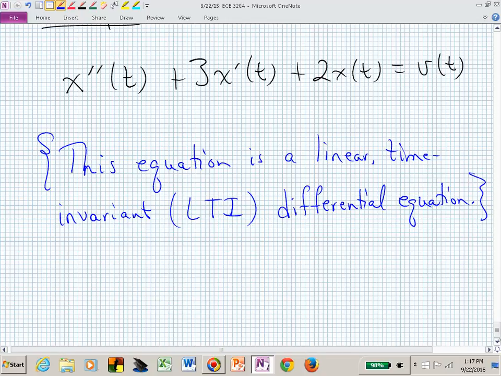So let's do that. Now we want to take this time domain differential equation where? In the frequency domain. See how easy this class is? All you have to remember is where I am. Time domain, frequency domain. We now are in the time domain.